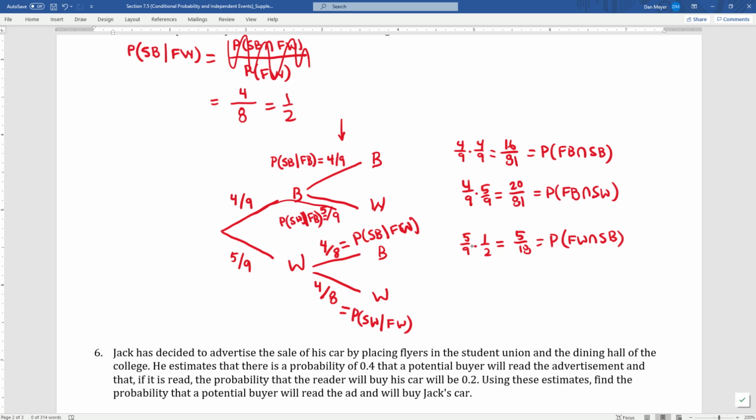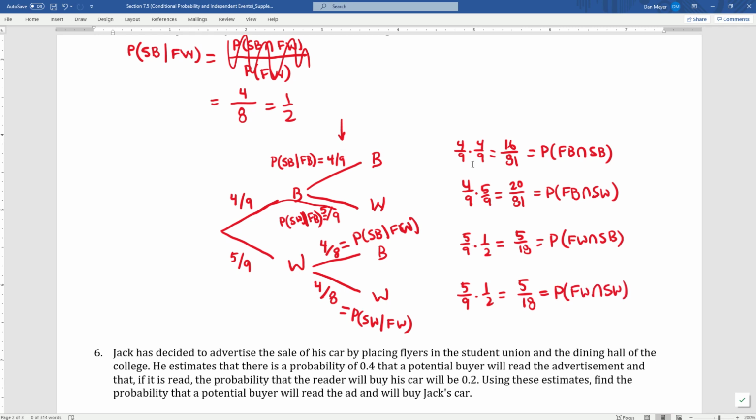And then finally, down that bottom path, 5/9, again times 1/2, would be 5/18, which is the probability that the first is white and the second is white.